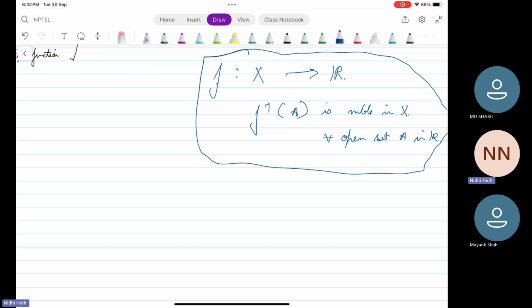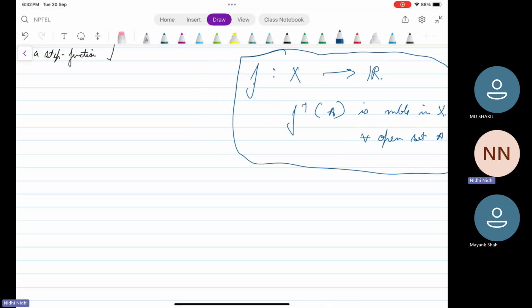For continuity, we know that the pre-image of an open set is open. In this case, we take that the pre-image of an open set is measurable. That's the main difference between measurable functions and continuous functions. So the idea basically comes from continuity.